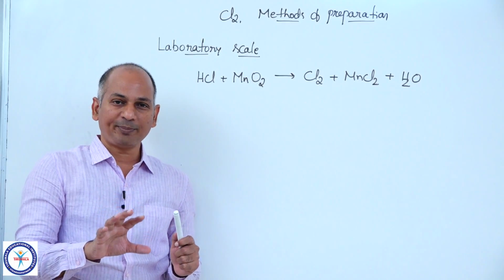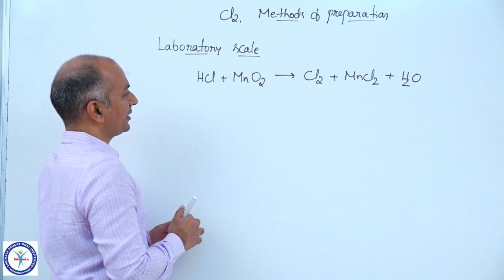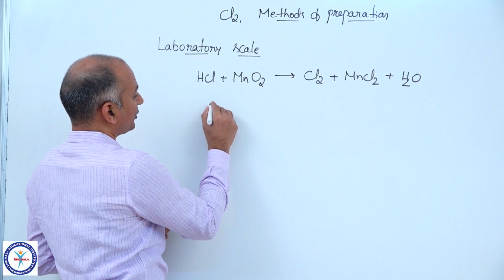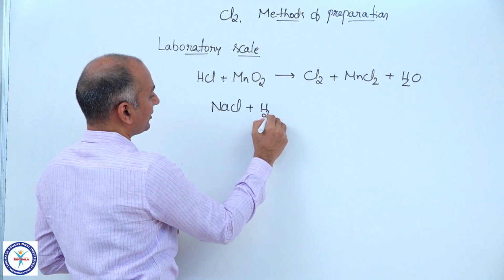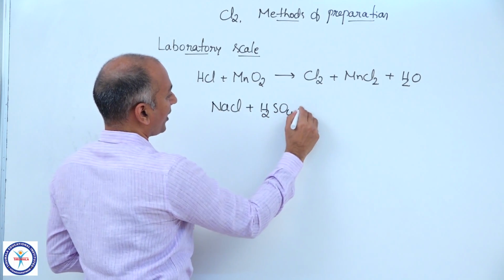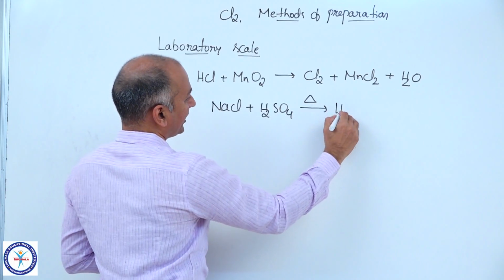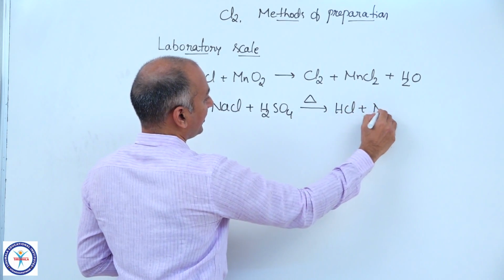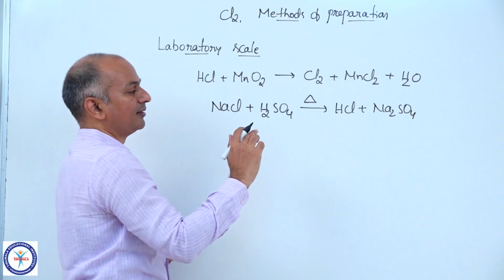If you want to prepare HCl from those metal halides, it is very simple. You treat the metal halide with H2SO4, and if you warm this mixture, of course aqueous, you will get HCl plus Na2SO4. This way you can prepare HCl.